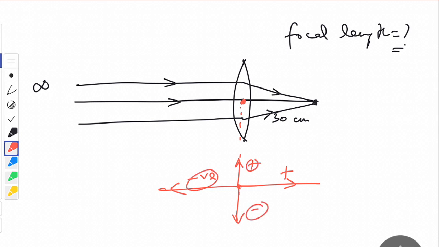So this is going to be plus 30. Does it make sense? So we'll follow the same sign convention. Origin is 0, right is positive, left is negative, up is positive, down is negative. That's it. I know it's a simple question. Right now I can't ask you more complicated questions. I'll ask you when we have taught a little bit more.